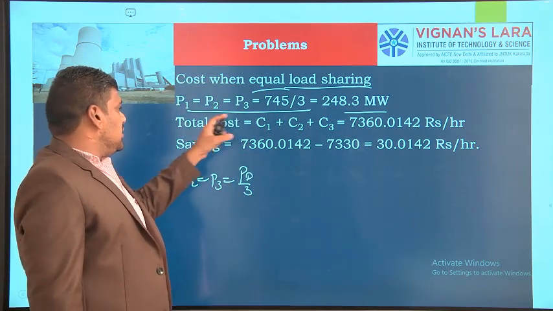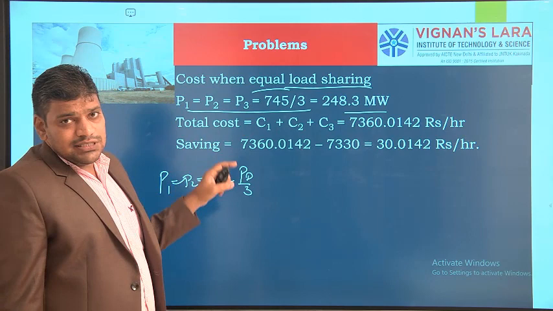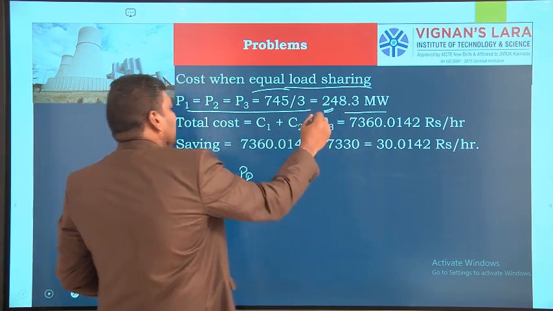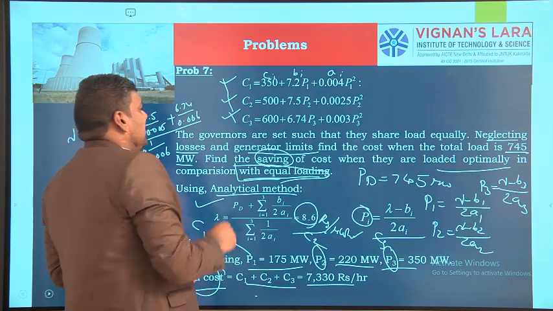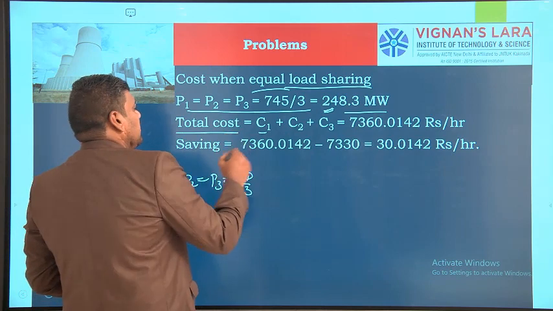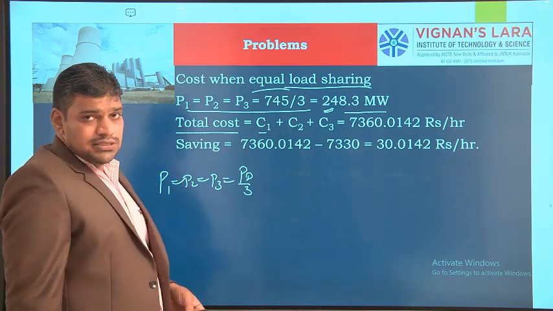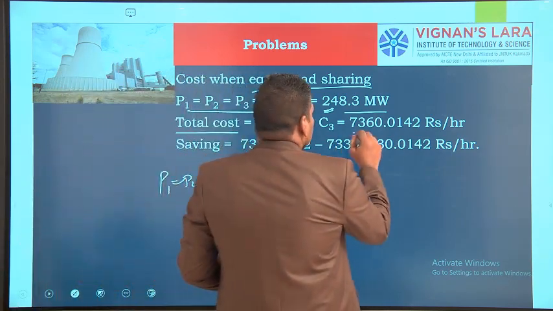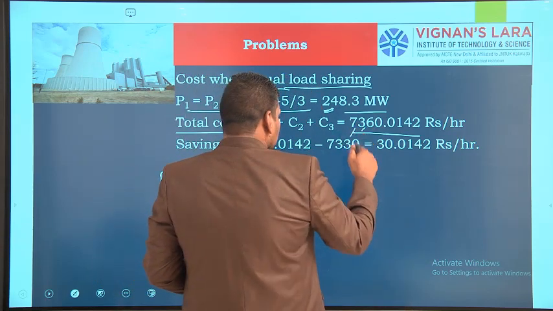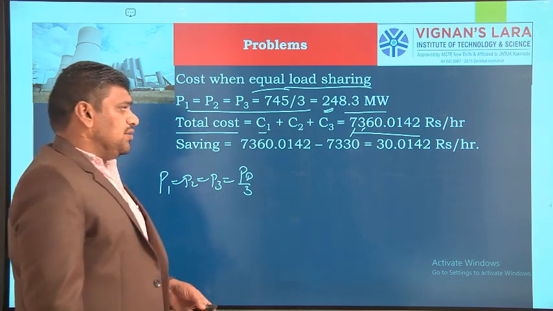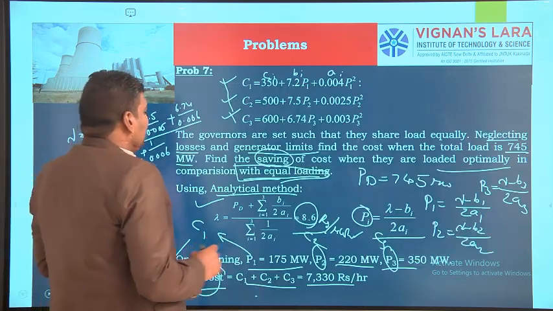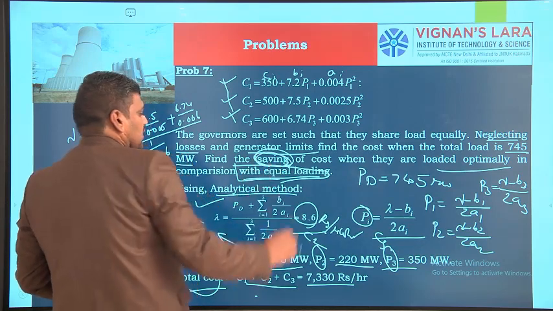With these values substituted in the cost characteristics C1, C2, C3, the total cost is C1 plus C2 plus C3. The value obtained is 7,360.014 rupees per hour.